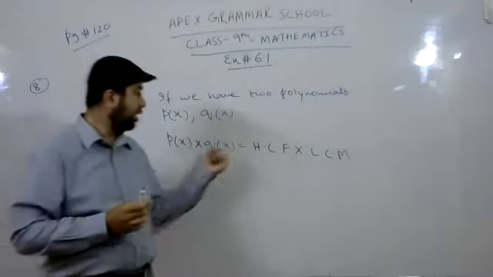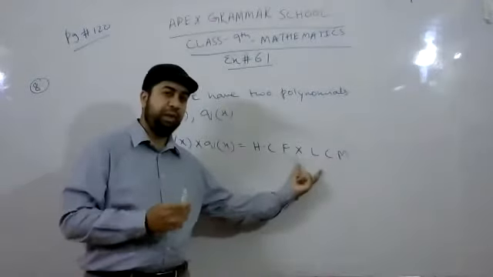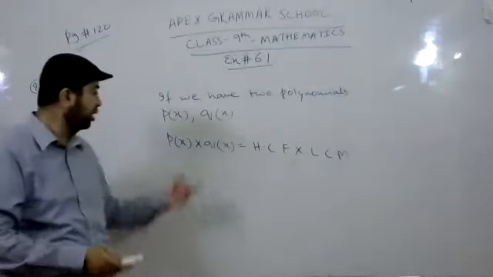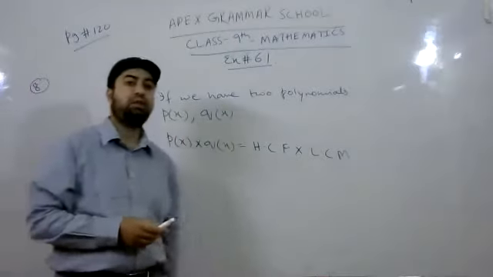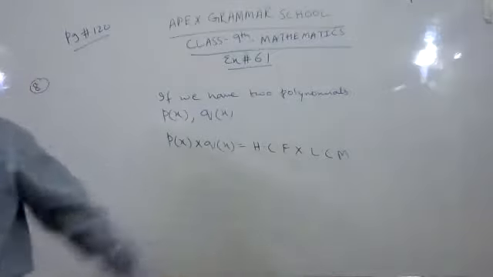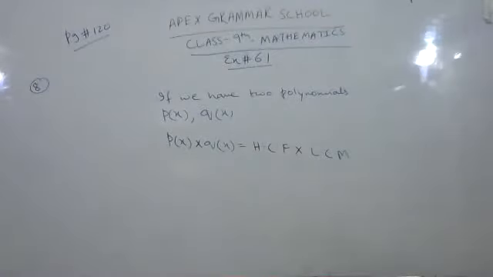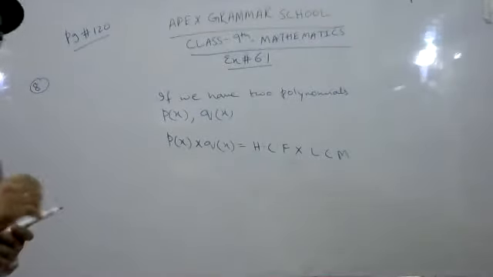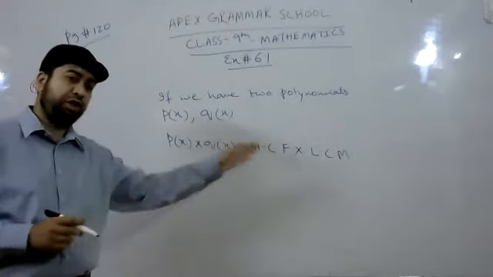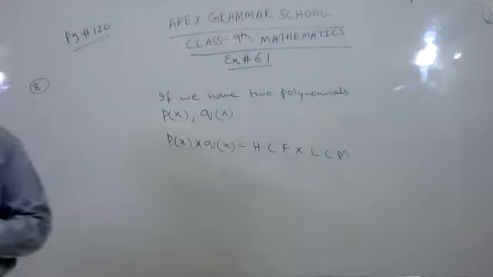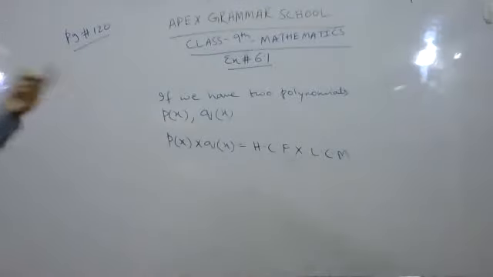So the multiplication of their HCF and LCM will be what? The P of x and Q of x multiplication answer. That's it. This is a very simple formula. First polynomial multiplied by second polynomial is equal to the multiplication of their HCF and LCM. So you need to know this very easy formula.